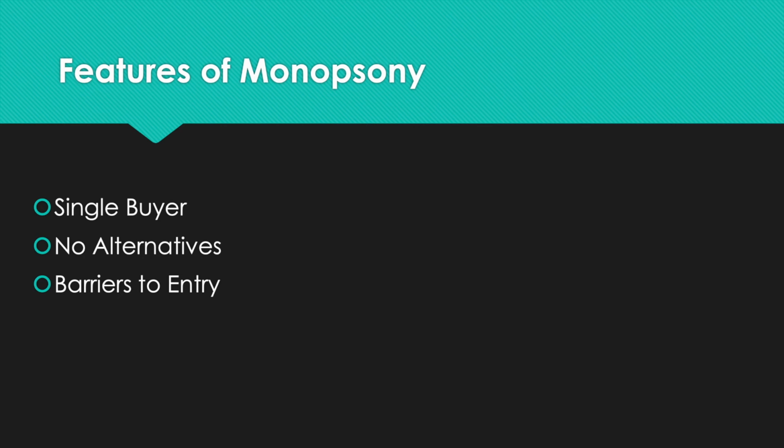The last one is barriers to entry. So in a monopsony, often it maintains single buyer status due to the restrictions on the entry of other buyers into the market. And this is mainly because of government licensing or franchising, resource ownership, patents and copyrights, high startup costs, decreasing average total cost.